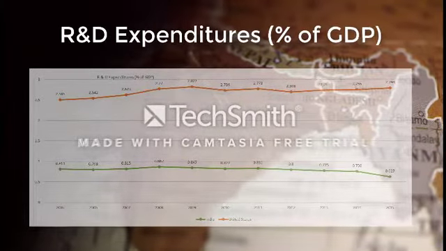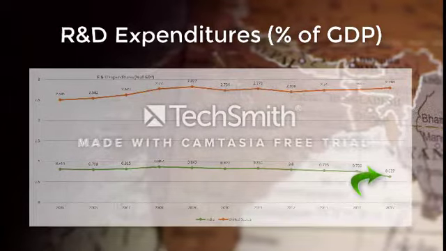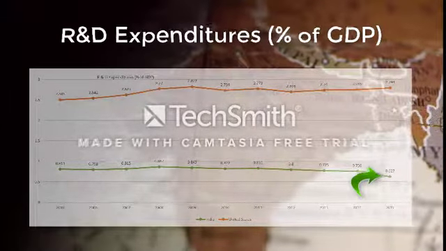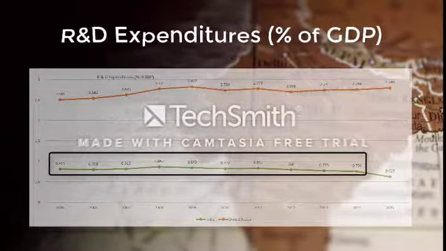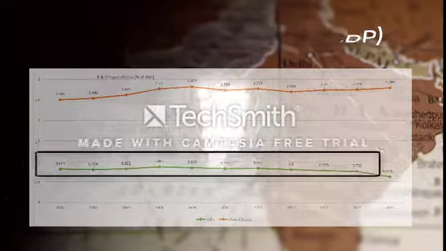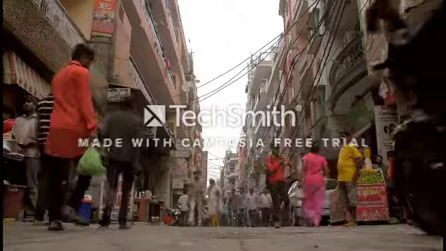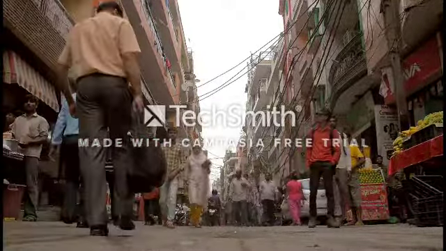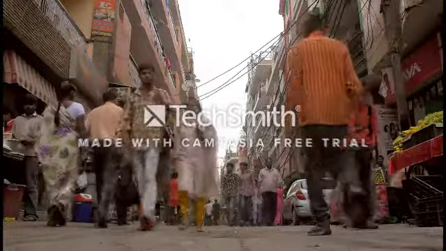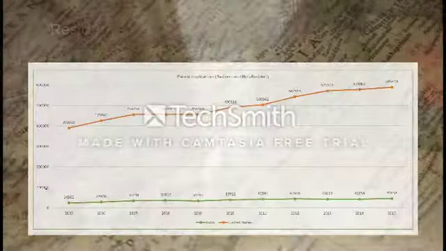Despite this, India's research and development expenditure as a percentage of GDP fell to 0.627% in 2015 and has hovered around 0.8% since 2005. India is aiming to improve its research and development percentage by encouraging the private sector to increase expenditures by offering incentives such as weighted tax breaks.